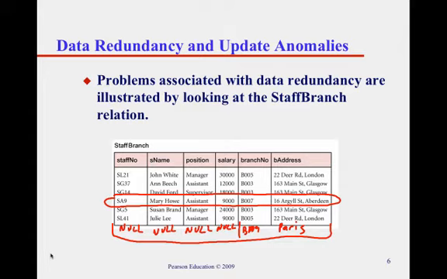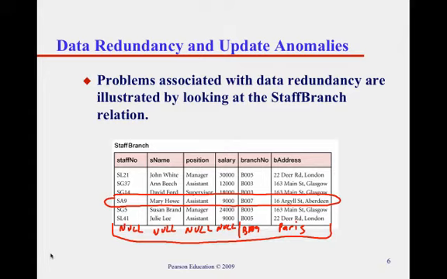Maybe I need to renovate branch 7. So maybe I'm just temporarily putting her on leave, or maybe I'm moving her to a different branch. In either case, the information about branch 7 is going to disappear from the database because there's not another entry for branch B7 in the relation.